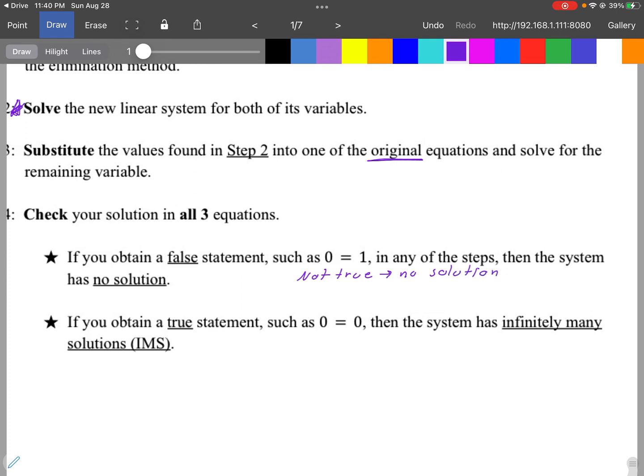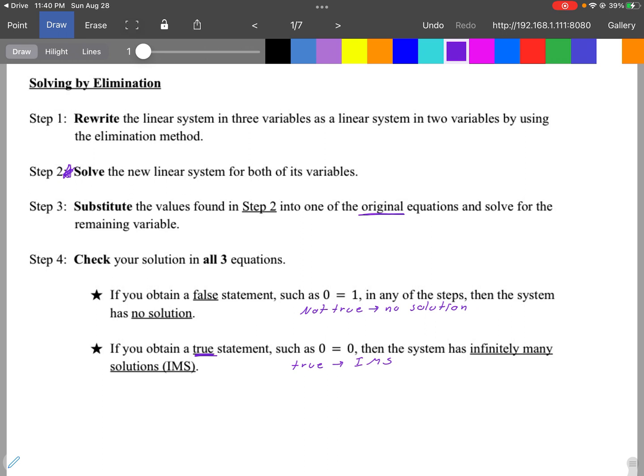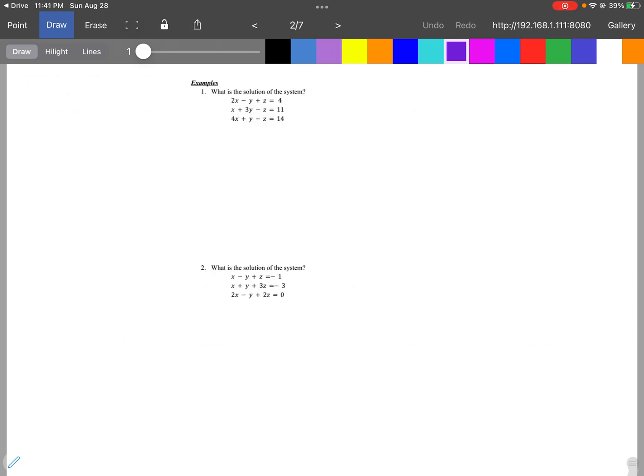Of course, if you get a true statement, such as 0 equals 0, or it could be 1 equals 1 or whatever, then the system has infinitely many solutions. So always keep that in mind. So true is infinitely many solutions.